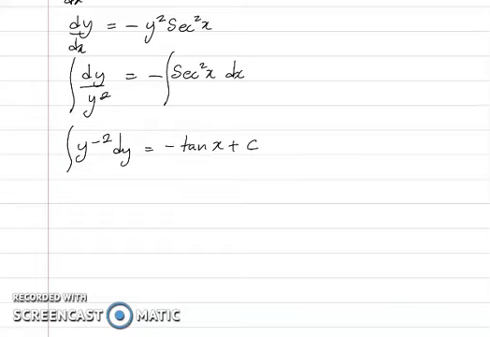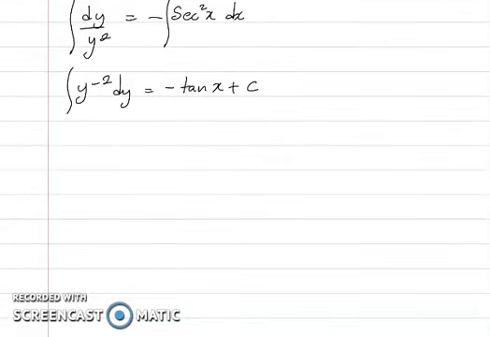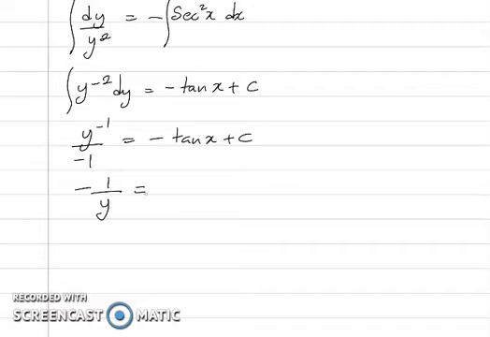All right, if I integrate y to the minus 2, I'm going to have y to the minus 1 divided by the new power minus 1 is equal to minus tan x plus c. So now what I have is minus 1 over y is equal to minus tan x plus c.